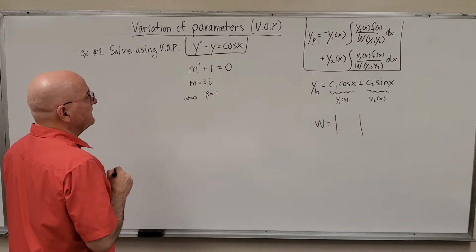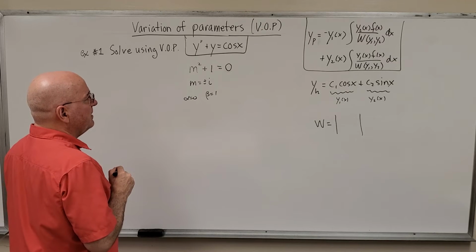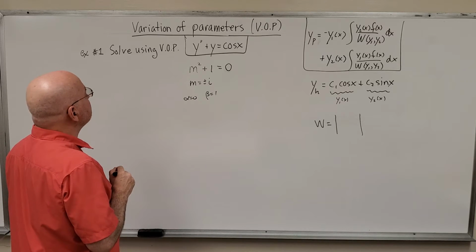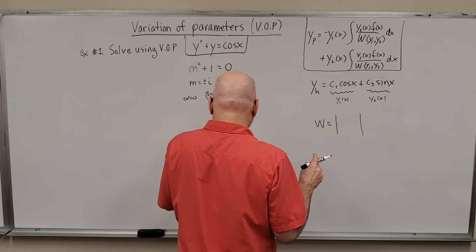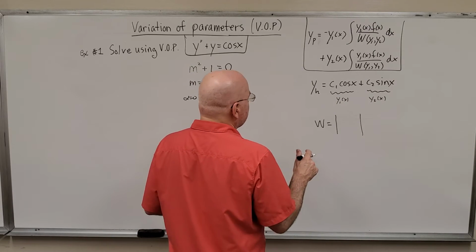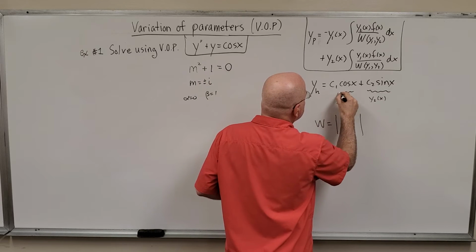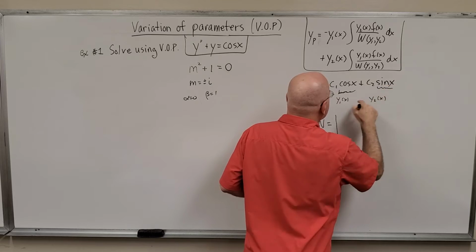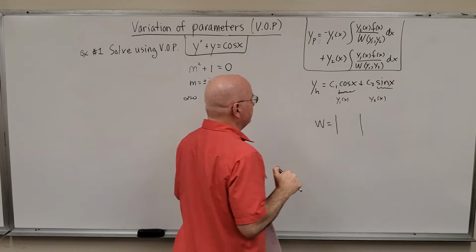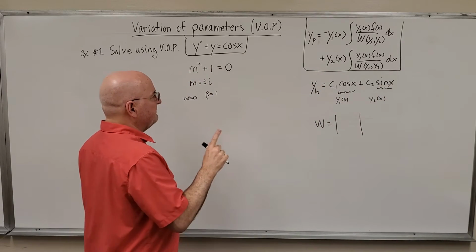Let's see, I can leave the constants off in the Wronskian. I'm going to put just cosine x and sine x. This is y1, that's y2.